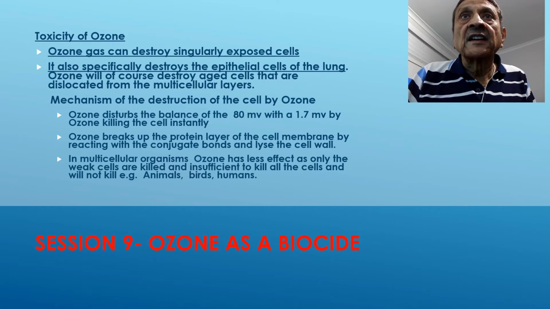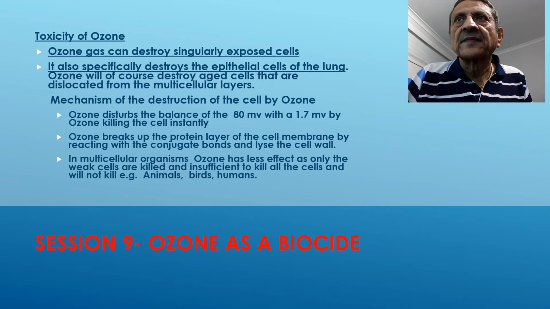In multicellular organisms, ozone will have less effect as only the weak cells are killed and there is insufficient ozone to kill all the cells. So ozone is pretty safe for animals, birds and humans.